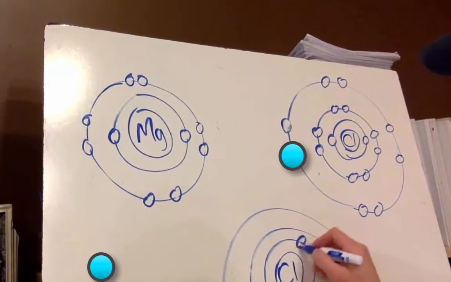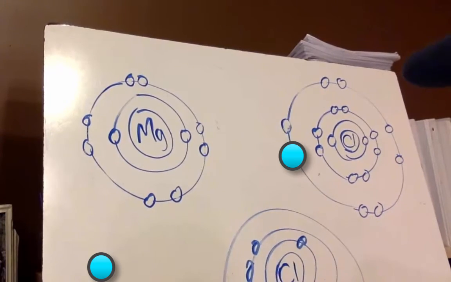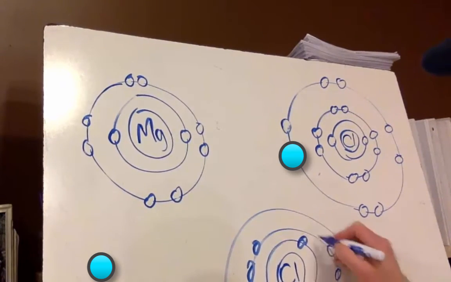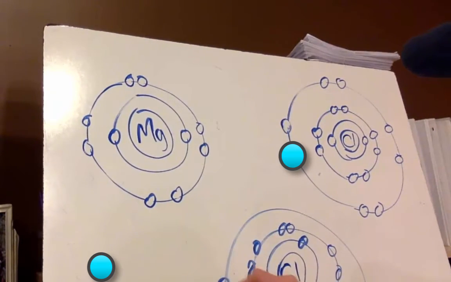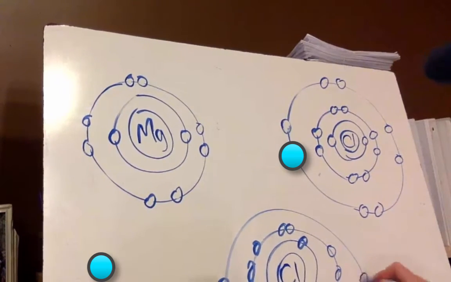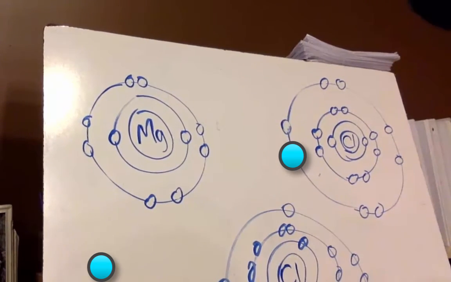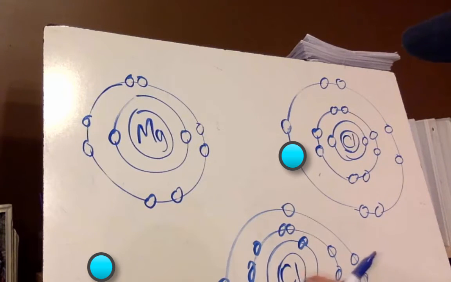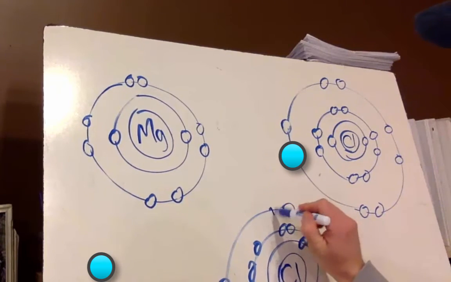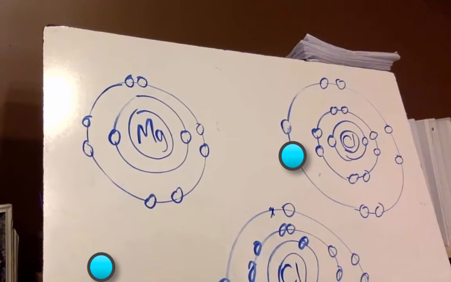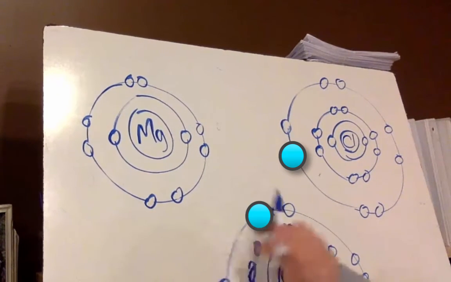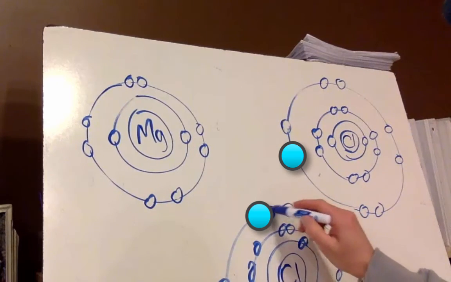Okay, so it already has its 1, 2, 3, 4, 5, 6, 7, 8, 9, 10, 11, 12, 13, 14, 15, 16, 17 electrons sitting out there. Again, this is what chlorine would look like normally, but it needs one more in this position. And remember, we had one that was sitting out here, so this electron could then get picked up out here.